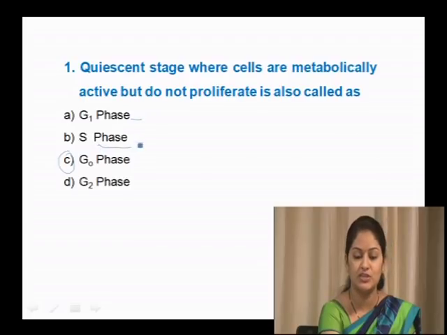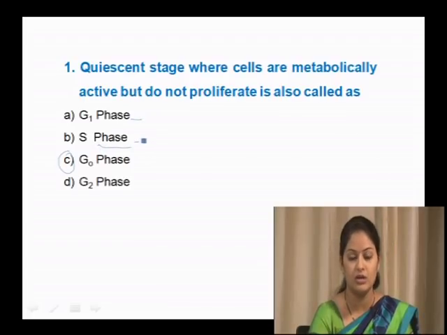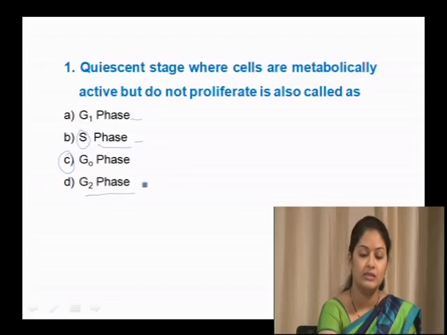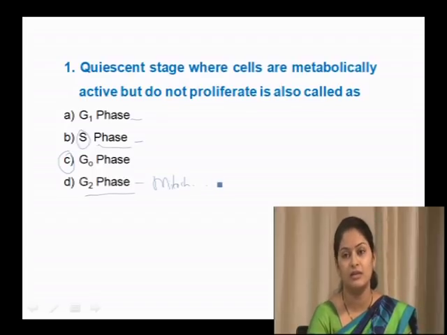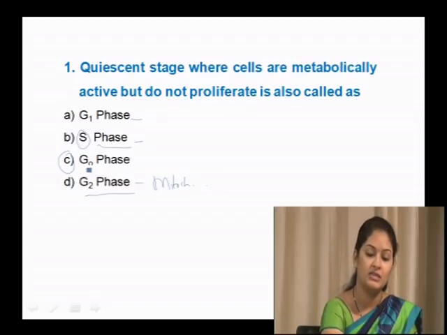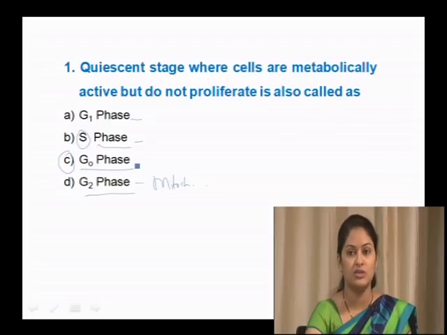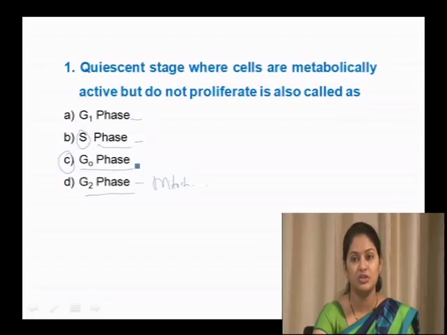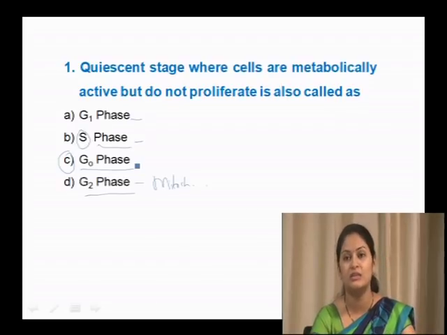S phase is a stage during which DNA doubling will occur, therefore it is rightly referred to as the synthetic phase. G2 phase is the last stage of interphase where the cell organelles, for example mitochondria, will divide and their number will double. Therefore, the answer for this question is G0 phase, where the cells are in a non-dividing stage. So, you can call them differentiated cells, or permanent tissues like parenchyma are in this particular stage. So, the answer is C.